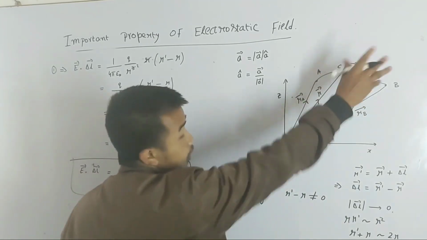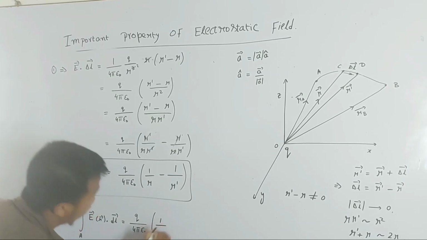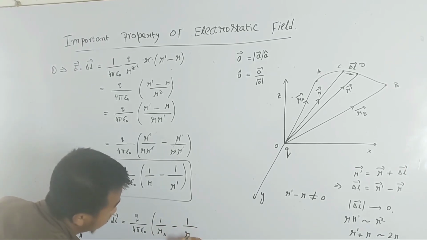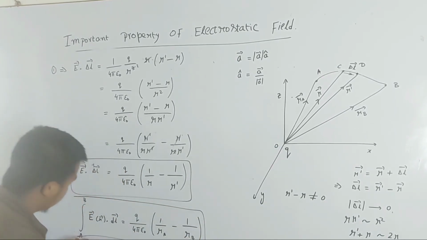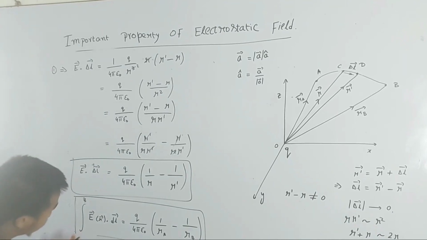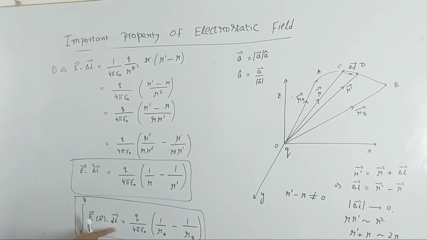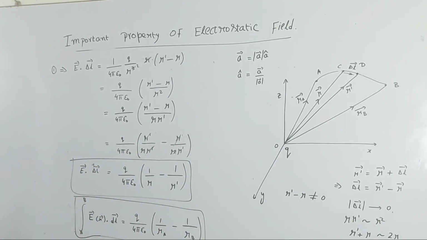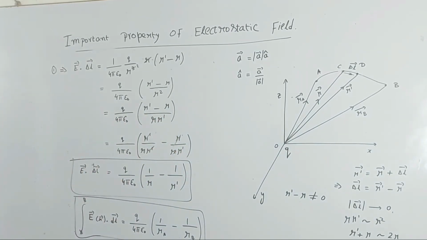If we add them, some terms will get cancelled in between. So this can be written as 1 by RA minus 1 by RB. So this equation shows that the line integral of electric field depends upon the endpoints A and B, but not on the path between A and B.